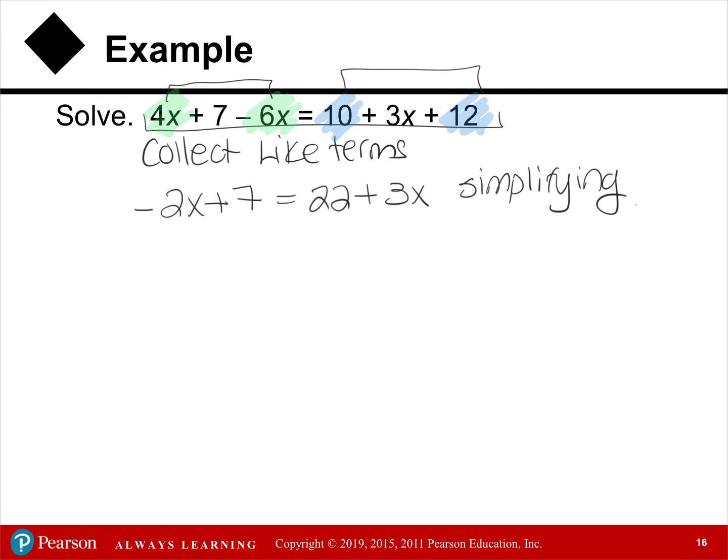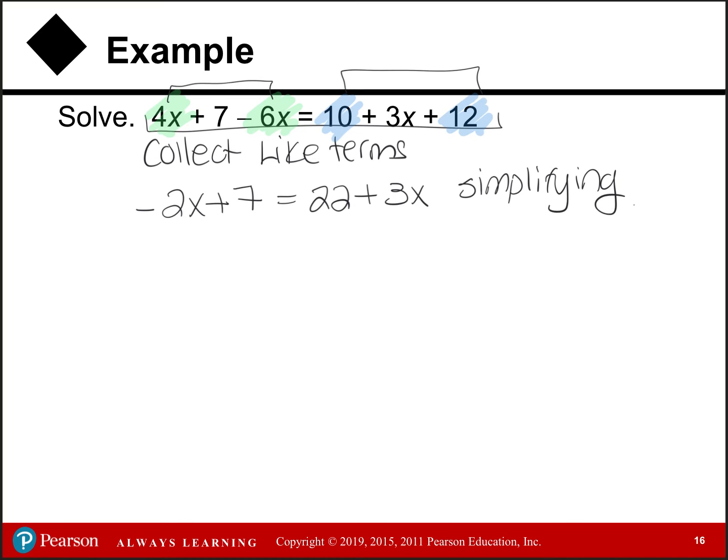Okay, then you have to decide what way you're going to go. And by that I mean that I'm going to move the number to the other side. So I'm going to subtract 7, and what I do to one side, I'm going to do to the other. This gets rid of this one, and I'm going to rewrite it.